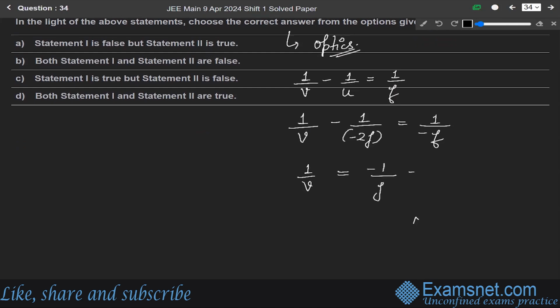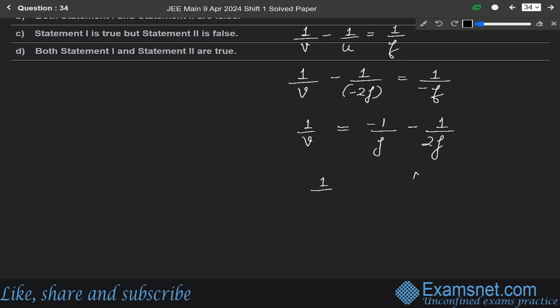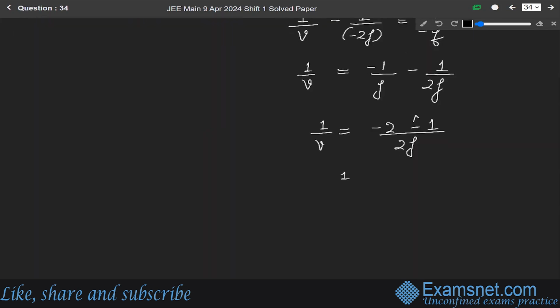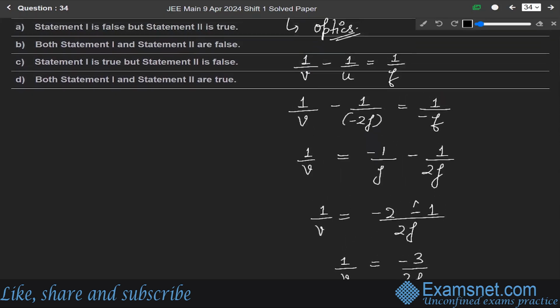This will become plus, and again this will become minus 1 over 2F. So 1 over V will be equal to 2F minus 2 minus 1. So 1 over V will be equal to minus 3 over 2F. Okay, it will become minus minus plus now.